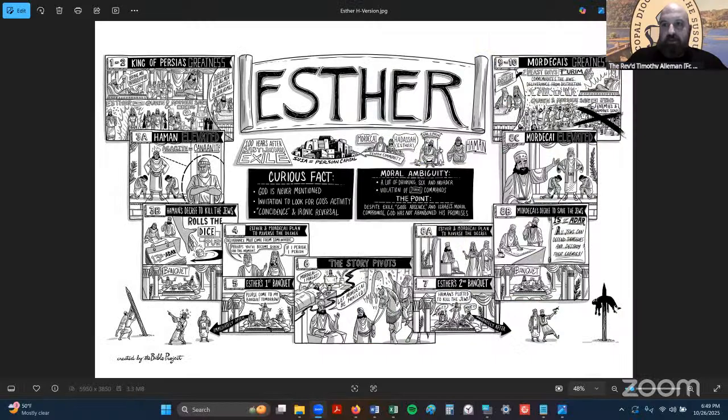So, this is the Hebrew version. And all of what you see will be seen in the next poster board that I'm going to pull up, which is the Greek version.